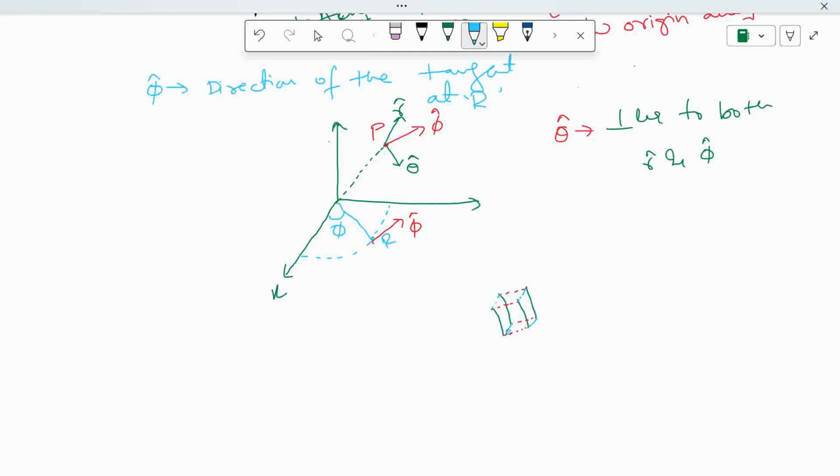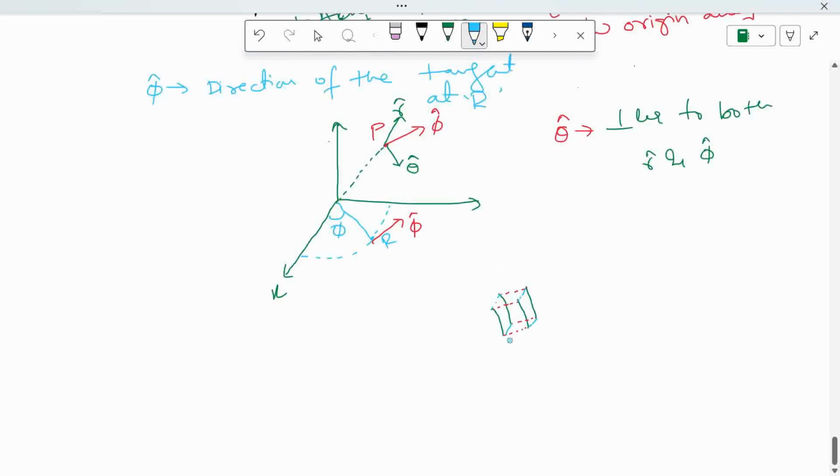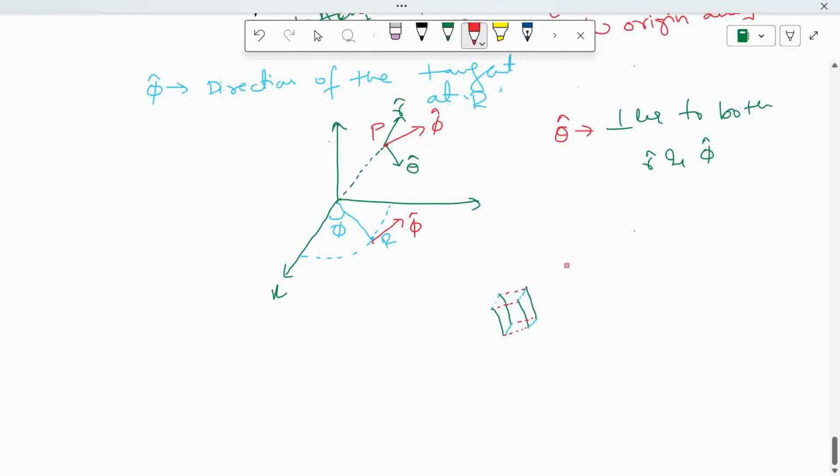The normal to this inner layer and outer layer is the radial distance, hence this red dotted color. Let me change immediately. This side is dr, the small differential length element along the radial distance, along the r cap direction.